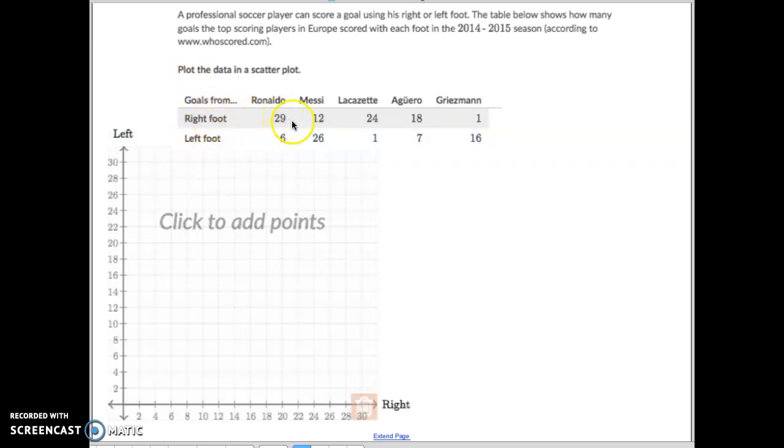So Rolando, 29 for the x-axis, 6 for the y-axis, so over to 29, which is halfway between 28 and 30, and then up to 6, right about there, and we put a dot right there. 12, 26, so over to 12, up to not 6, 26, up to 26, which is way up here, and you just click on it to give it a dot there. 24, 1, so we go all the way over to 24, up to 1, click on it, give it a dot right there. 18, 7, all the way over to 18, up to 7, see 7 will be halfway between.